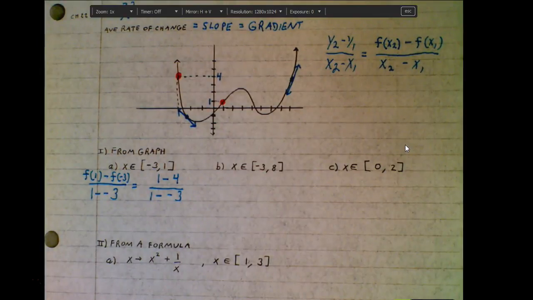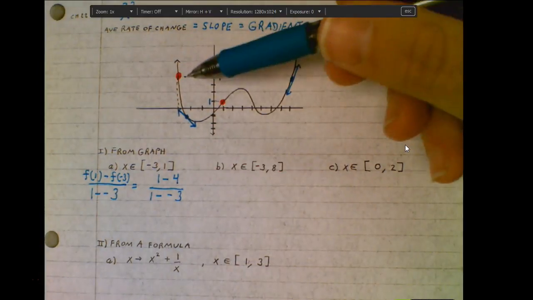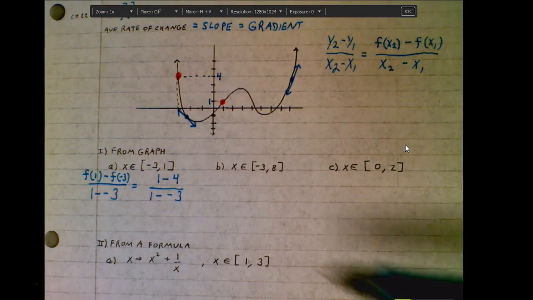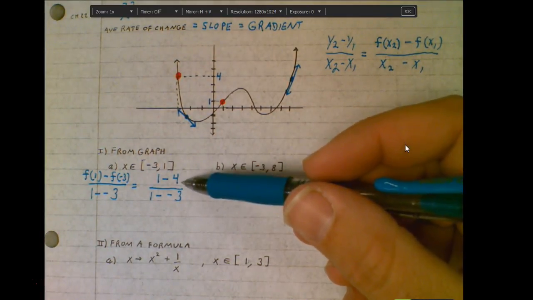And so there is our slope or our gradient setup. Again, we are taking the average rate of change from here all the way to here. If I clean that up, I'm looking at negative 3 over 4.